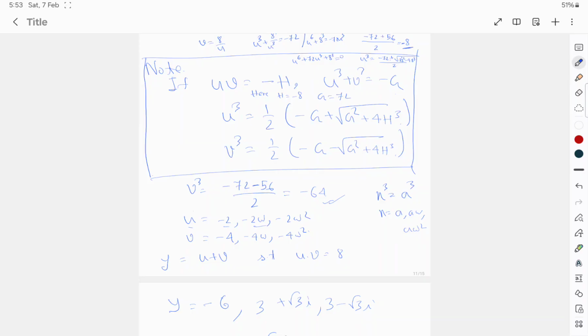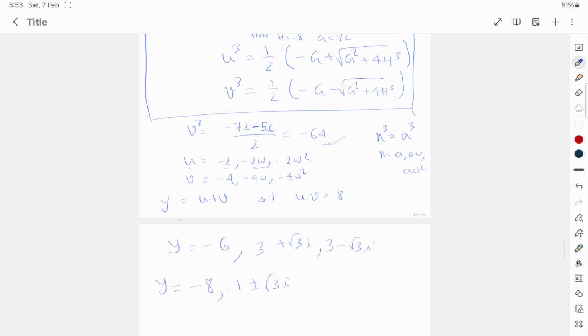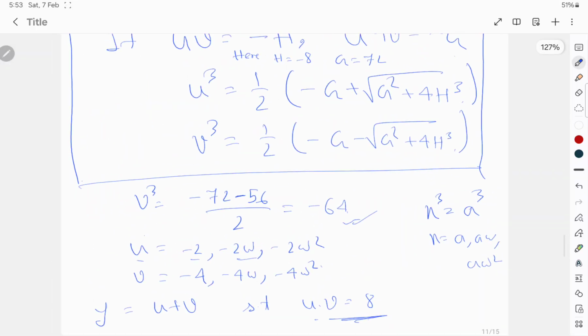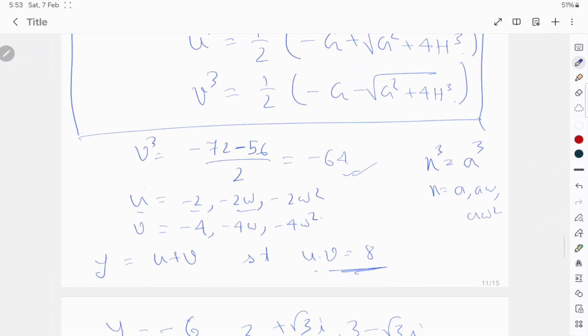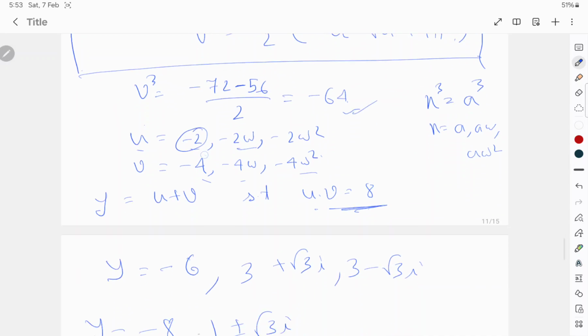After that we have considered y is equal to u plus v, right? So y equal to u plus v in such a way that u into v will be minus 8, because you see there are so many combinations. If your u is minus 2, what value of v will you choose? There are 3 options, but you have to choose the option for which uv will be minus 8. So you see, for the minus 8, obviously you have to choose the minus 4 one, right?